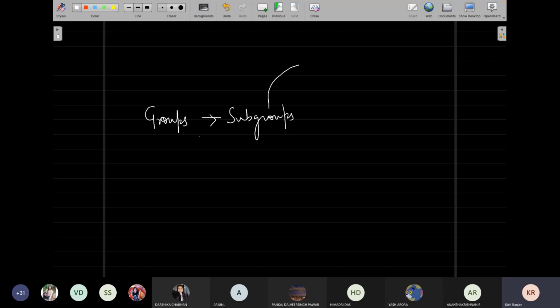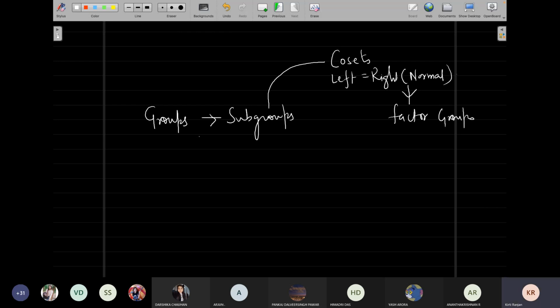From the subgroup, I can take these cosets, and left equal to right gives me a normal subgroup, and from these normal subgroups I can also make factor groups. So remember, this is N, G colon N, and this was H, and this is G. I can take another route now.